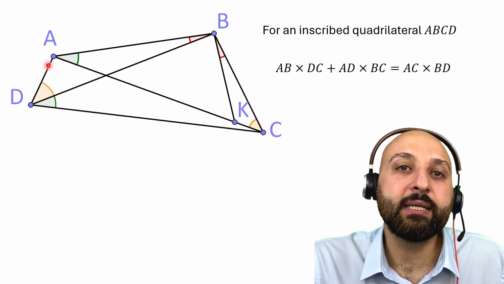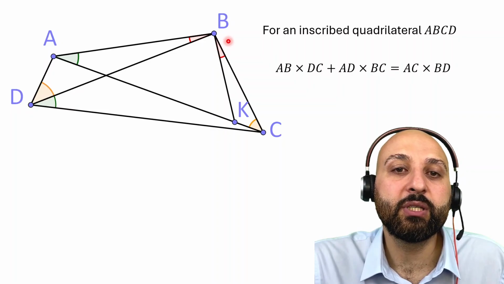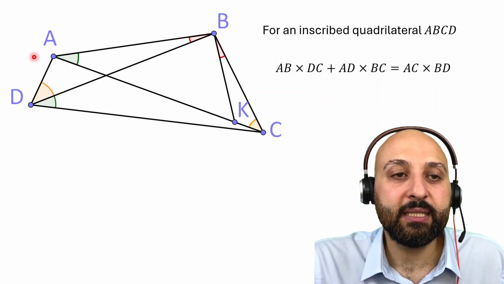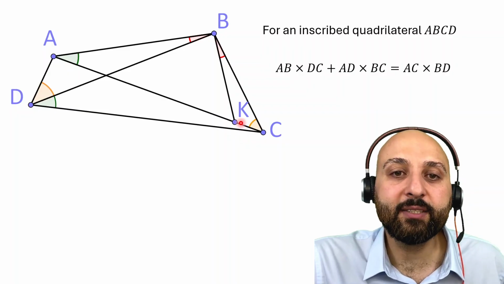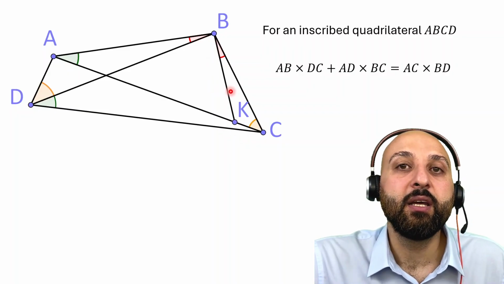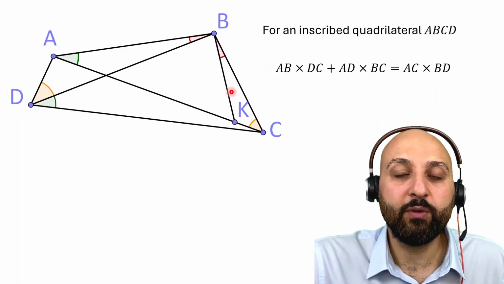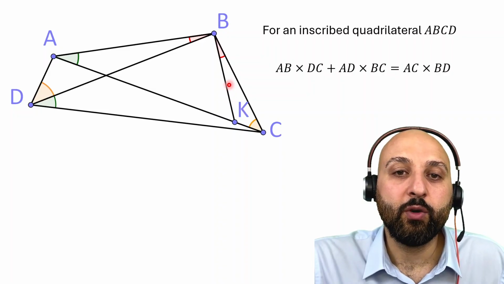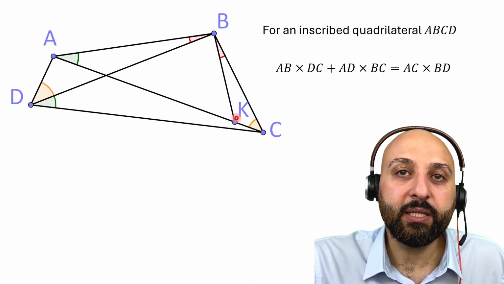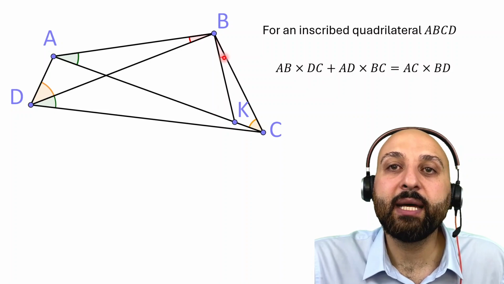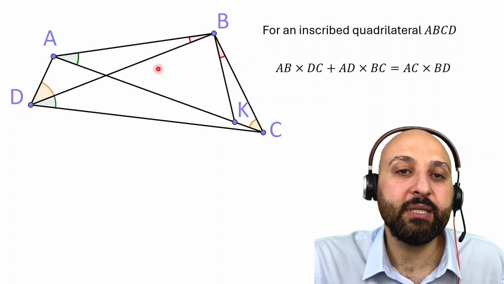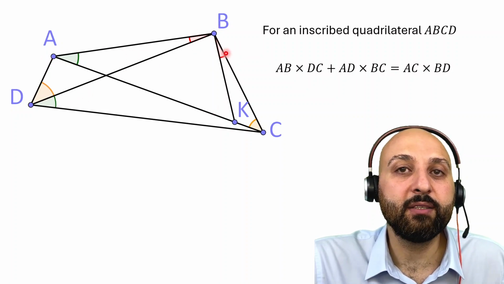Or we know that angle ADB is equal to the angle BCA. Okay, this is what we know. We're going to add an extra point, an extra line in this quadrilateral to help us prove the theorem. So we select point K on AC such that the angle CBK is equal to the angle ABD. So these two red angles should be equal.